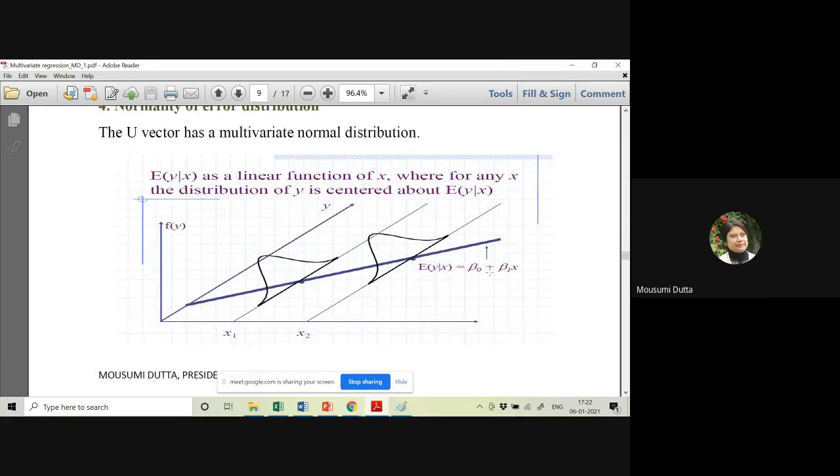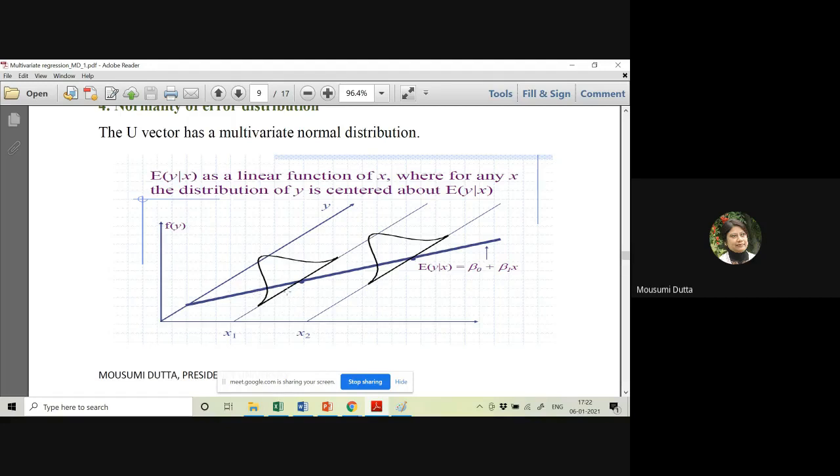Here the mean values are beta naught plus beta 1x. If I consider any diagram, I cannot accommodate more than two points; at best, I can consider only a 3-dimensional space. So along the x-axis we are measuring x, this is y, and along this axis we are indicating probability values of y.